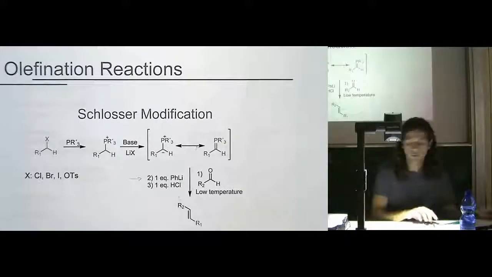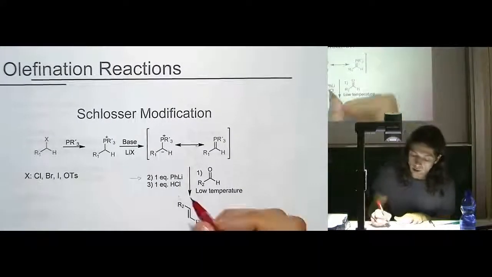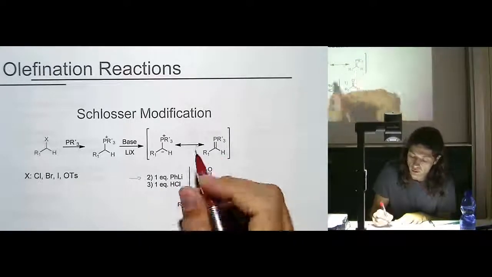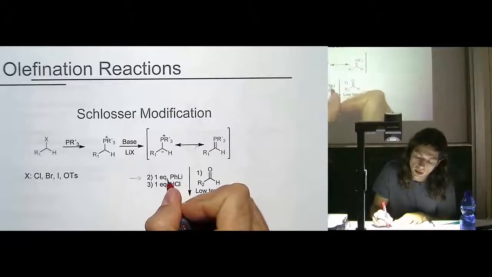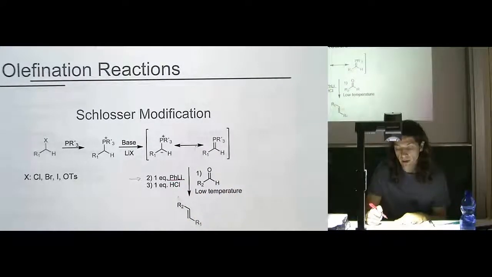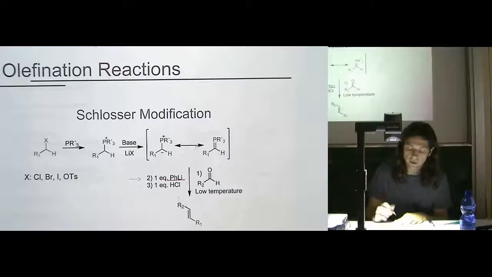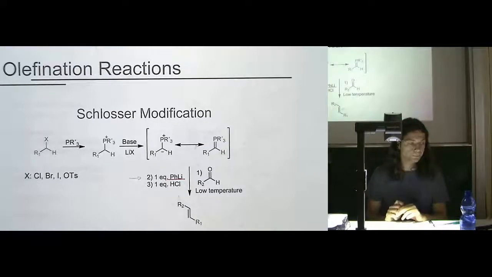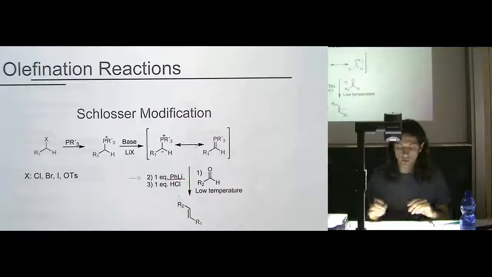But now the difference comes here. It's the use of a second equivalent of strong base, which can be, for example, phenyllithium. The use of another equivalent of base gives finally predominantly the E product. What is the reason for that?